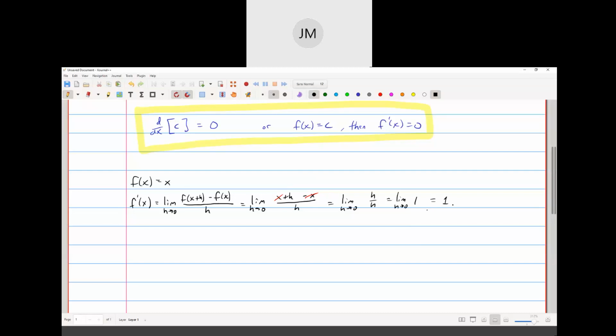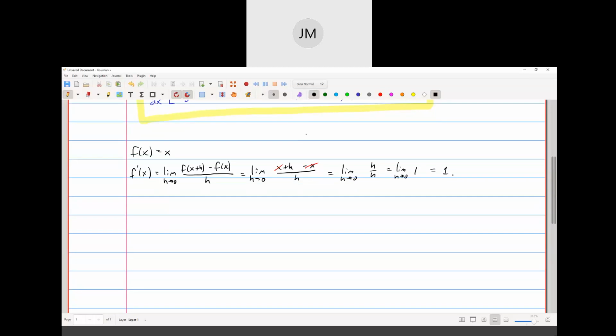We could keep going with that. We could look at a couple more derivatives and look for a pattern, but I'm going to just jump straight to what we want to find. Let's look at a function that is x to the nth power. Okay, now I'm going to show this for any whole number n.